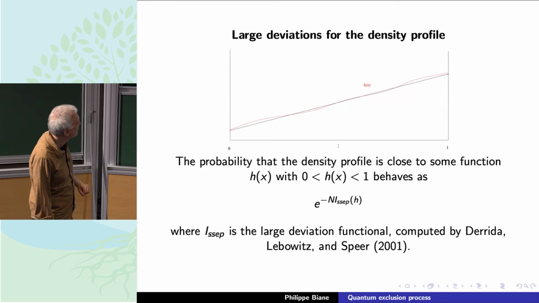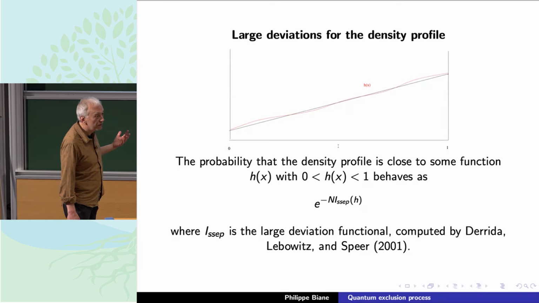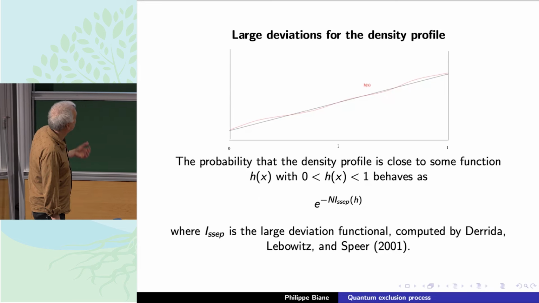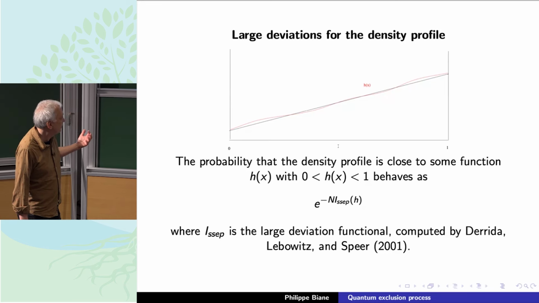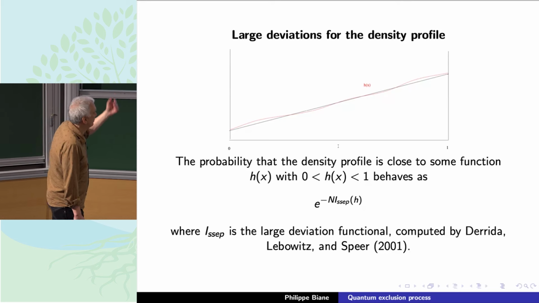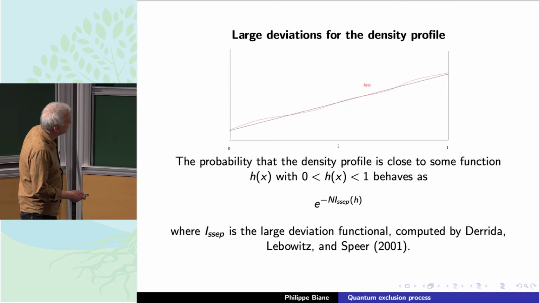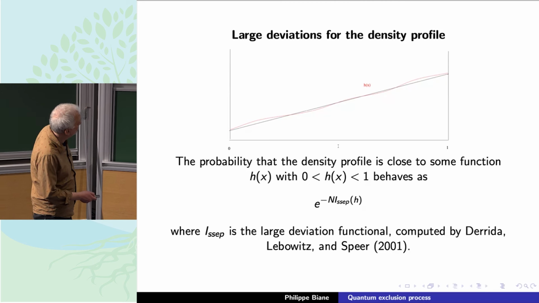The probability that the density profile is close to some function h, as n goes to infinity, decreases exponentially, like e to the minus n times I of h, where I is a large deviation functional. This is a typical large deviation result, and this large deviation functional was computed by Derrida, Lebowitz, and Speer.